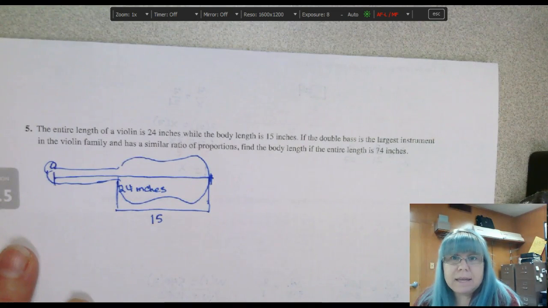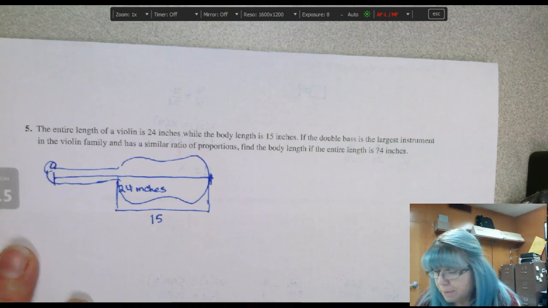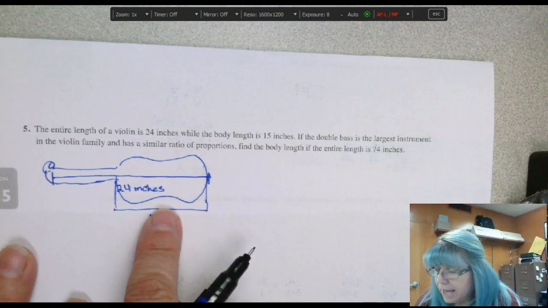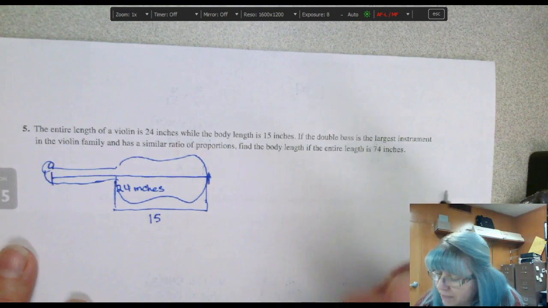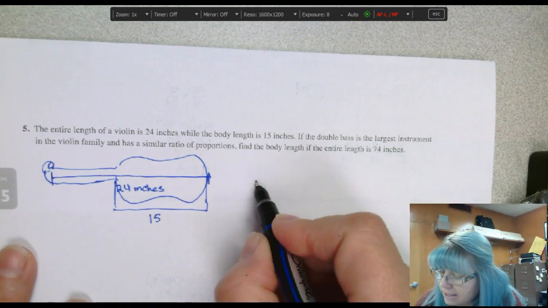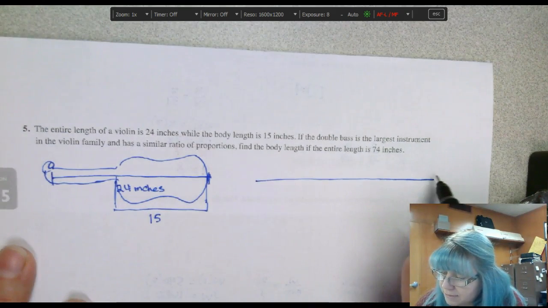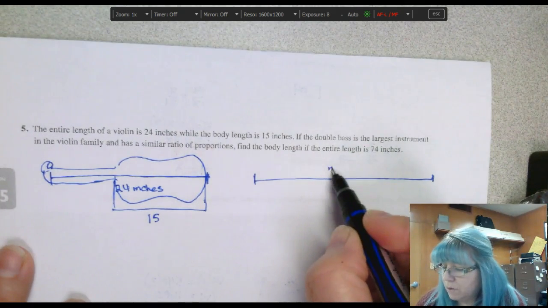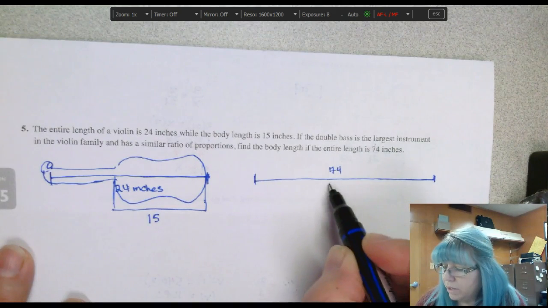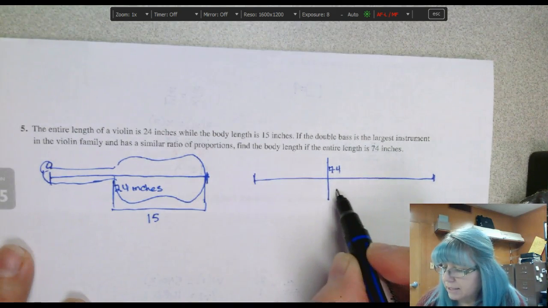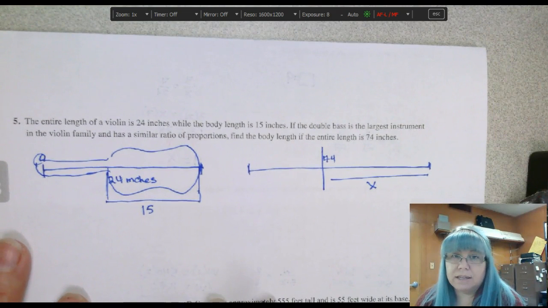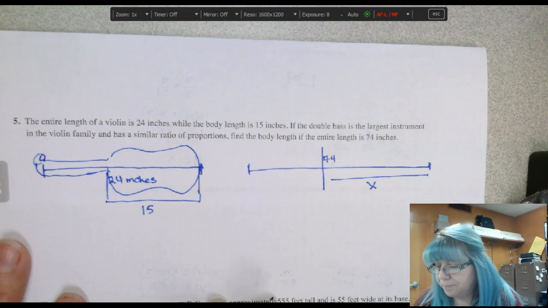Now, a double bass is a similar shape as a violin, but it's just really big. Its entire length is 74 inches. The whole thing is 74. We want to know what the body's length is. It doesn't hurt to draw yourself some pictures so you can figure out what's happening.